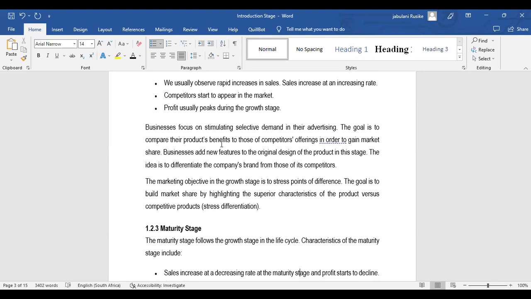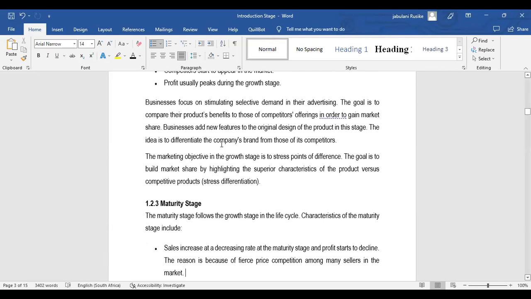You are trying to come up with a strategy to ensure that your product gets the larger market share. In other words, you are trying to establish a market share. Like it is written here, the goal is to build a market share by highlighting the superior characteristics of the products versus the products of the competitors. So you focus much on differentiation.